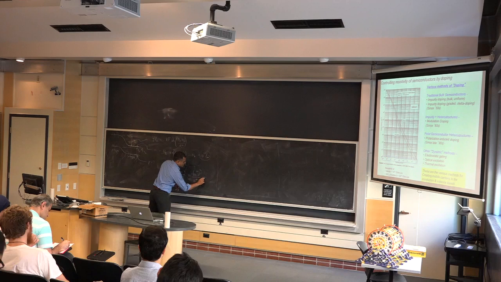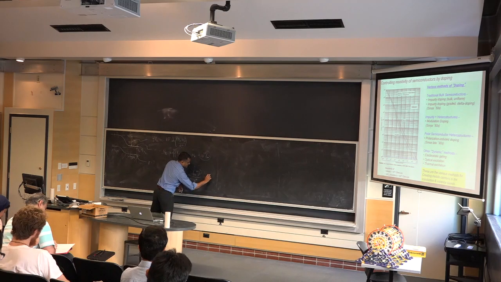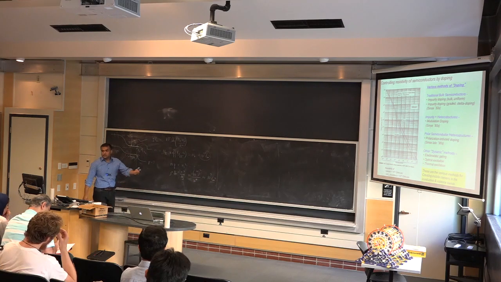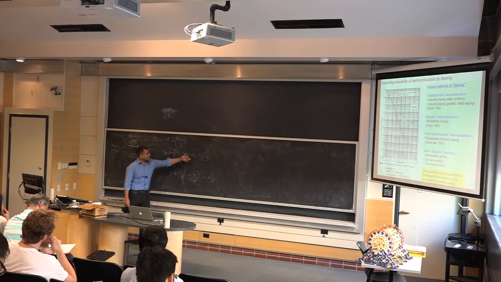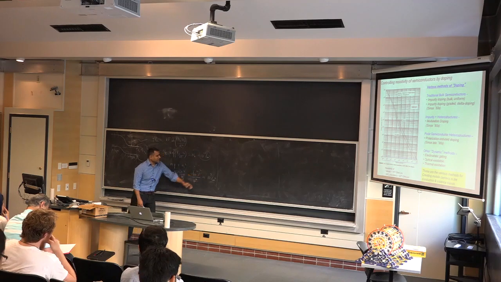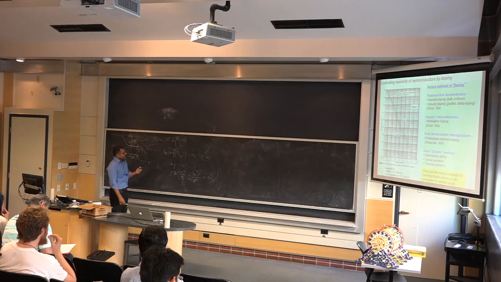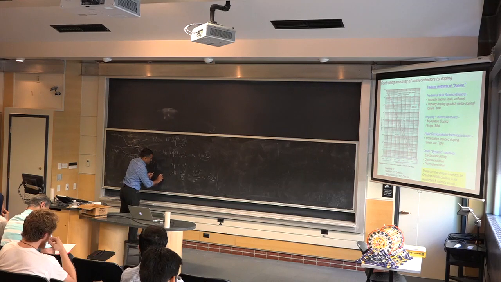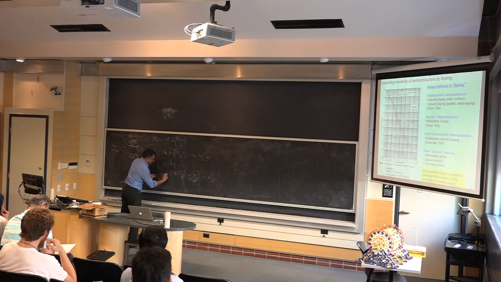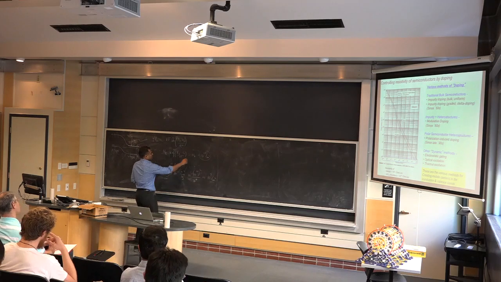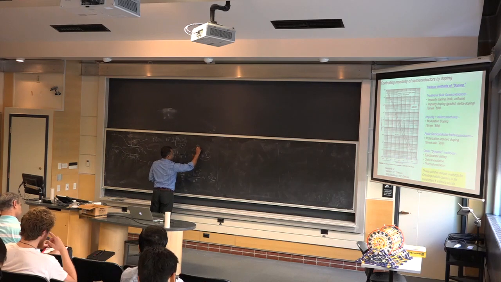So the number of holes in my N-type semiconductor is roughly 10 to the power 3 per centimeter cube, right? So I have 10 to the power 17 per centimeter cube electrons and 10 to the power 3 per centimeter cube holes in an N-type semiconductor. So this is the reason why this would be called a minority carrier, whereas electrons would be called the majority carriers.